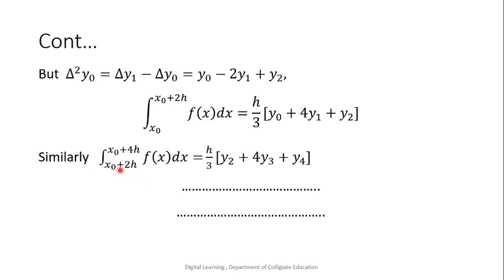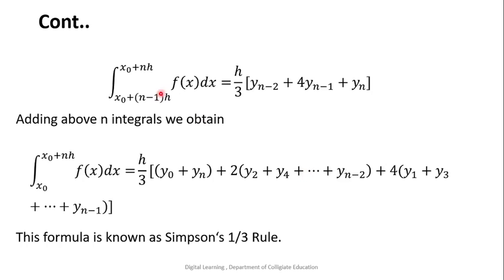Therefore, the integral from x0 plus 2h to x0 plus 4h of f of x into dx takes the value h by 3 times y2 plus 4y3 plus y4. Continue the process up to the n terms, that is, from x0 plus n minus 2 into h to x0 plus nh, the integral of f of x into dx is equal to h by 3 times y n minus 2 plus 4 times y n minus 1 plus yn.